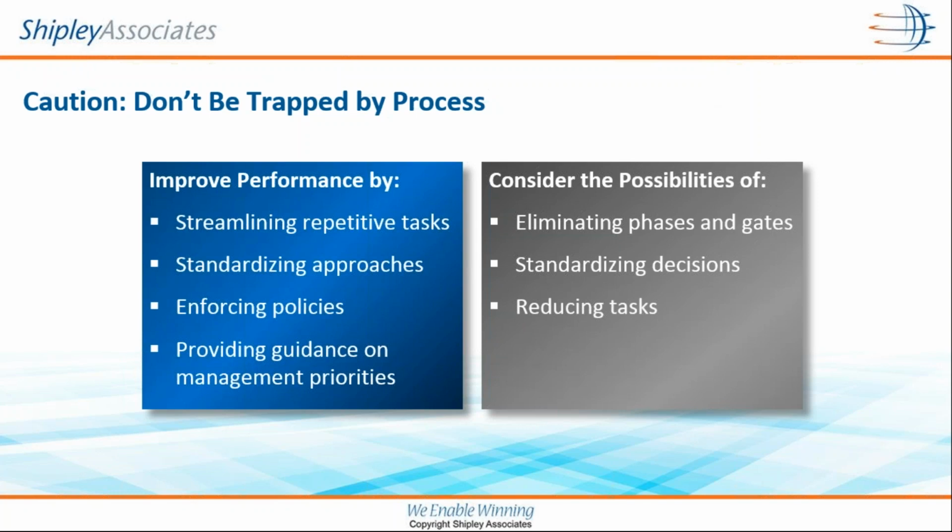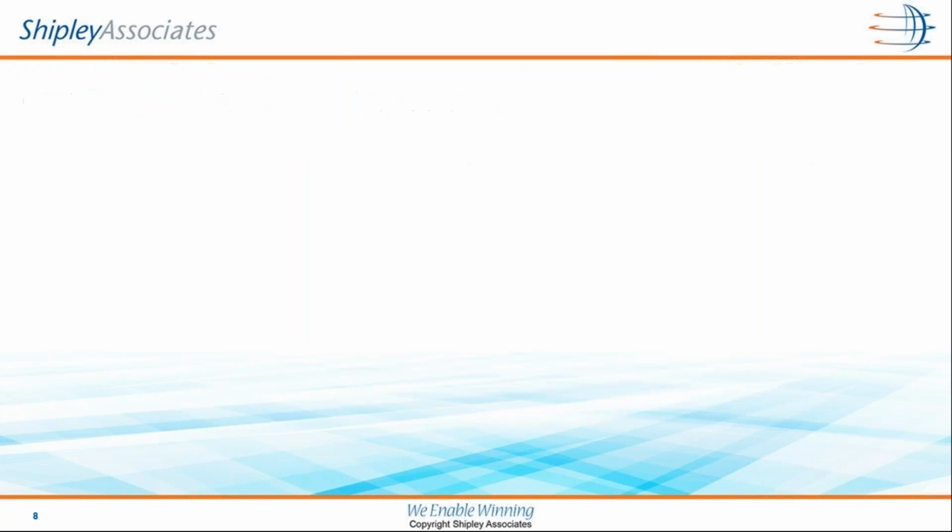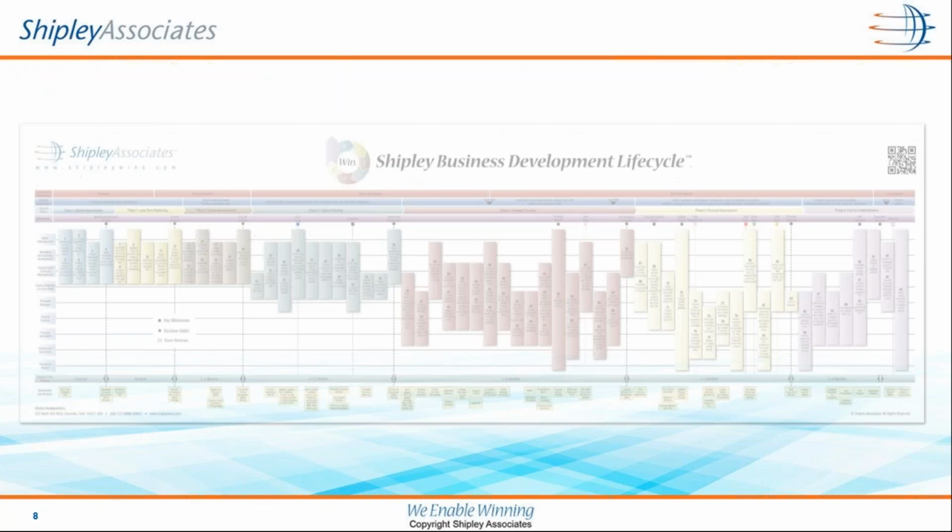Sometimes we can reduce tasks or combine and consolidate them, and sometimes we can combine reviews. If we're dealing with a very short turnaround, 5 to 7 day task order response on a contract, we don't have time for 4 or 5 reviews necessarily. Let's combine those and let's make them more efficient.